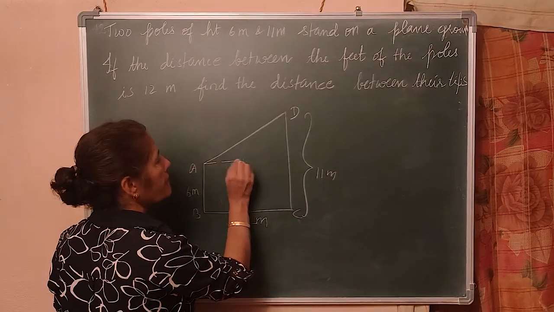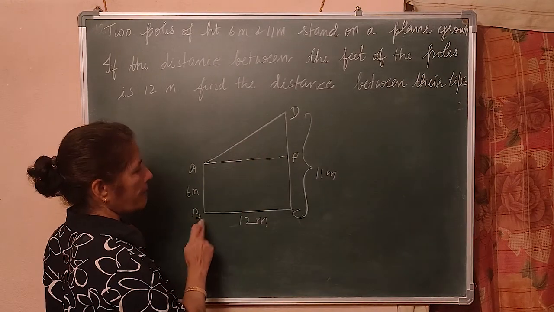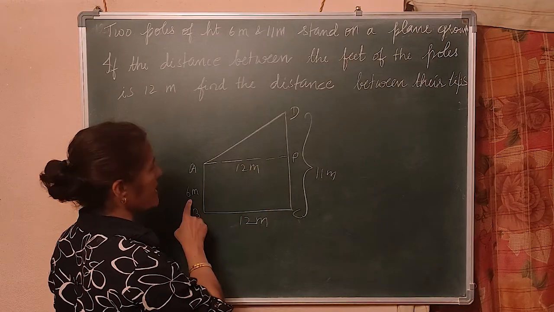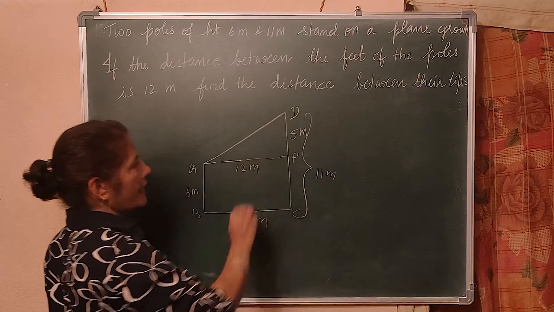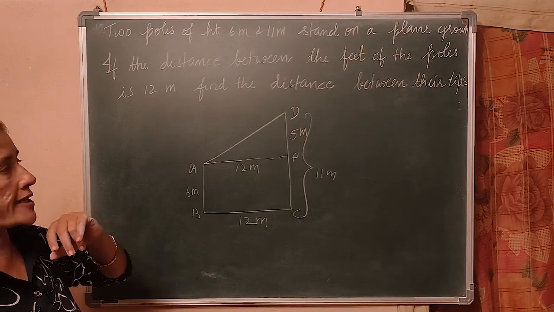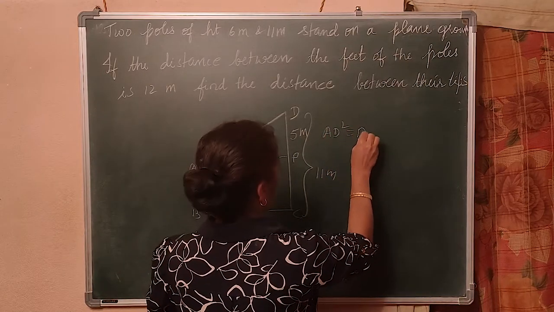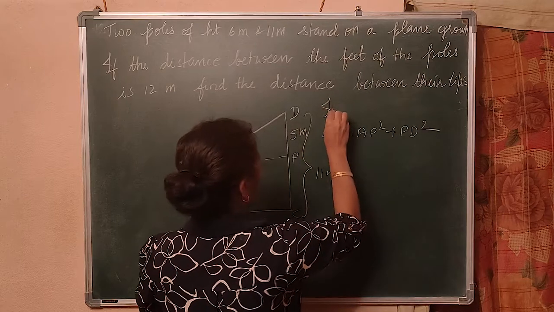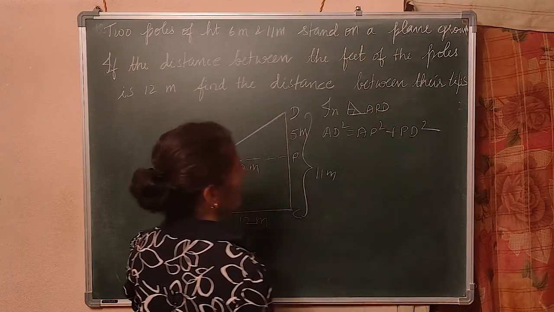I draw a perpendicular line and call the foot P. Then BC is equal to AP, which is 12 meter. This is 6 meters, so this is also 6 meters, and so this is 5 meter. So I have to find out AD square. Is it possible? Yes. In right angle triangle APD, AD square is equal to AP square plus PD square.